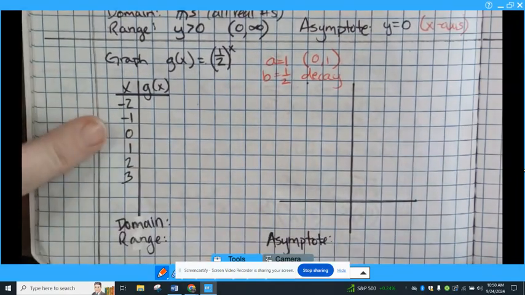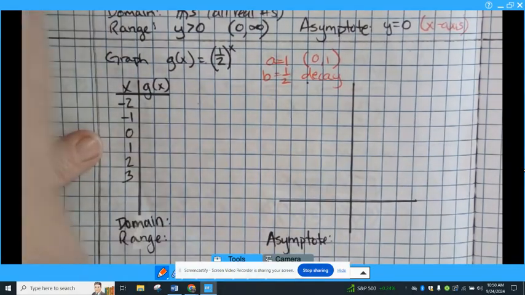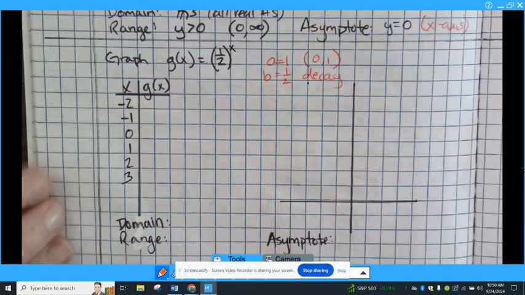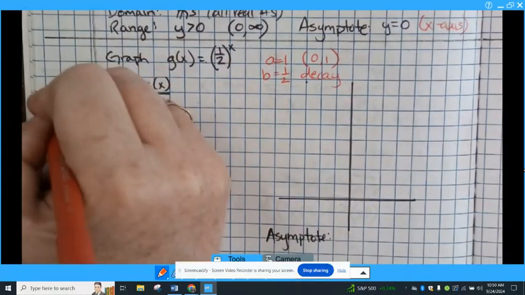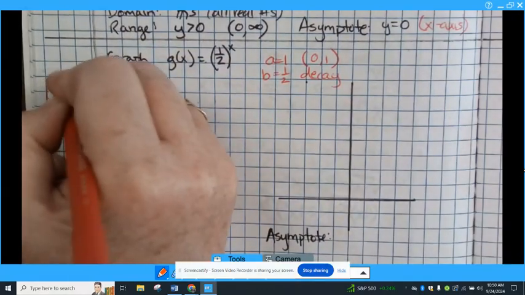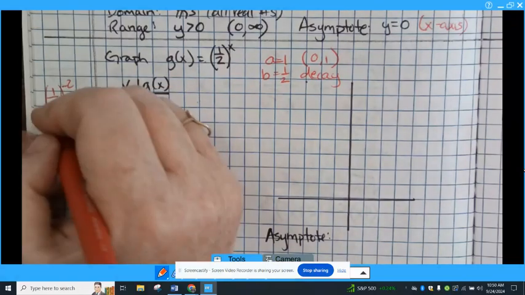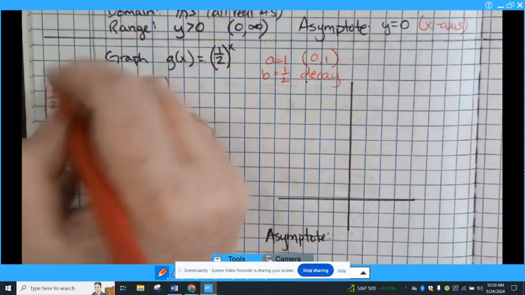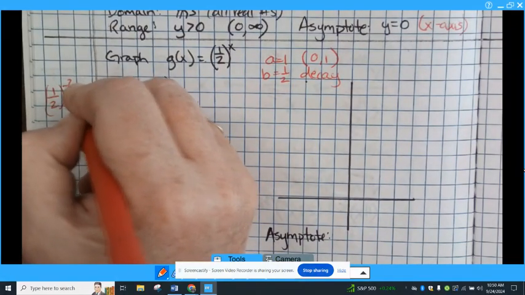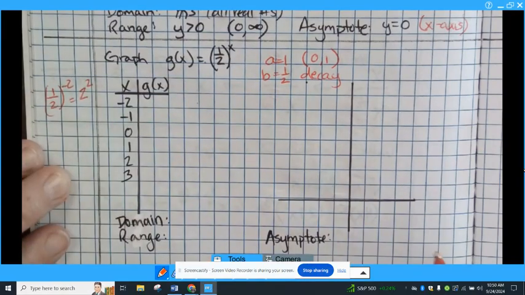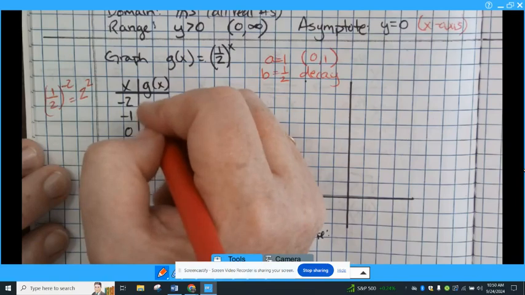The numbers we're going to plug in start with -2, so that means 1/2 to the -2. Because it's negative, we flip the fraction and make it positive. So that's 2 over 1, or just 2 squared, which is 4.